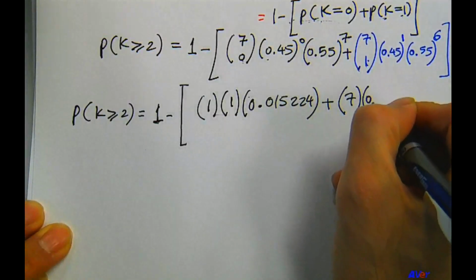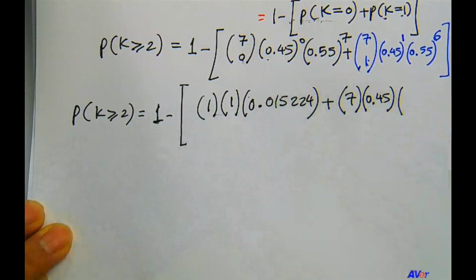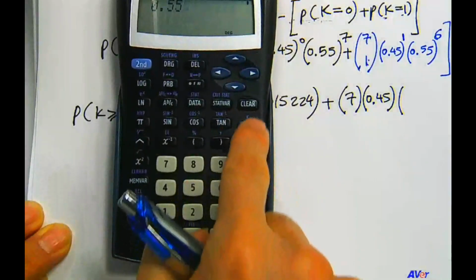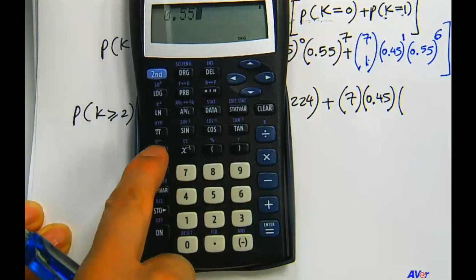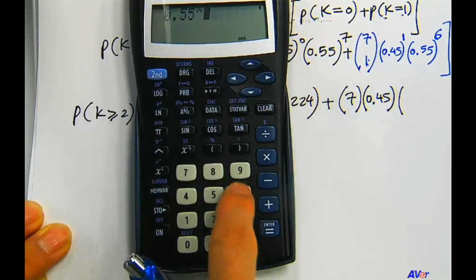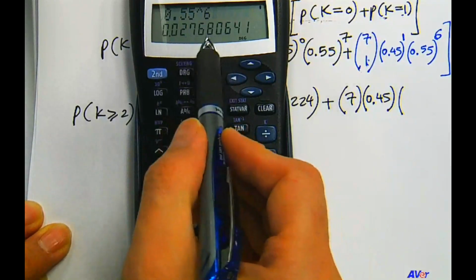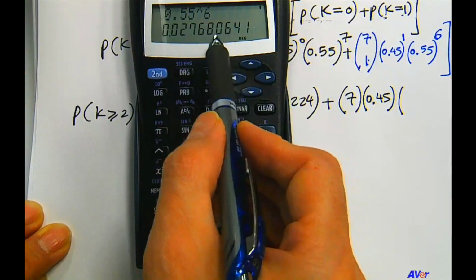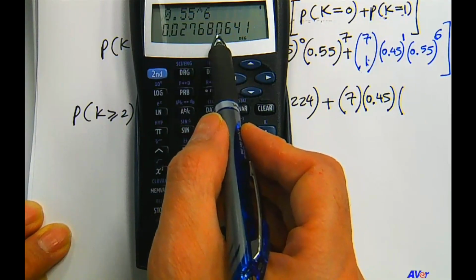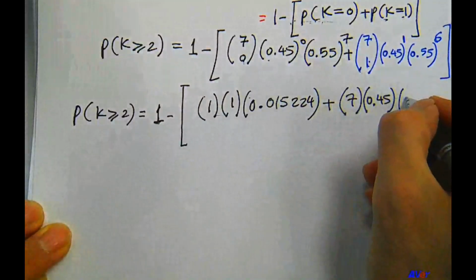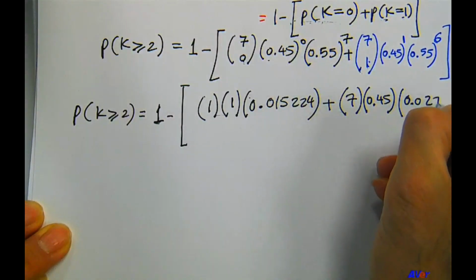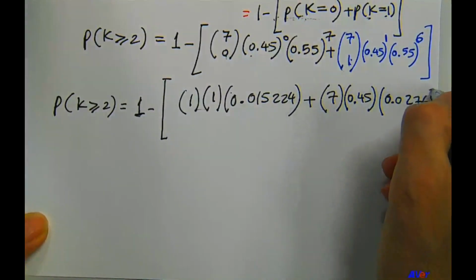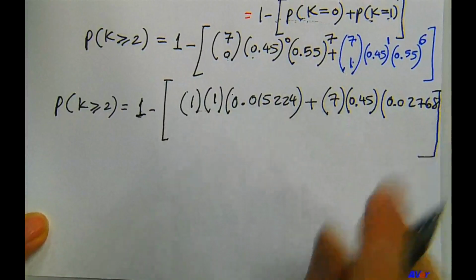So 7 times 0.45 times 0.55 to the 6th power. This caret is the power button. We get 0.0276806, so I'm going to round that to 0.02768, and it barely fit over there.